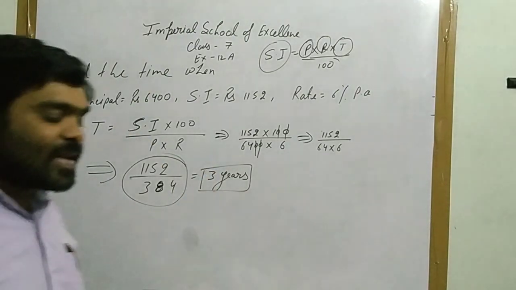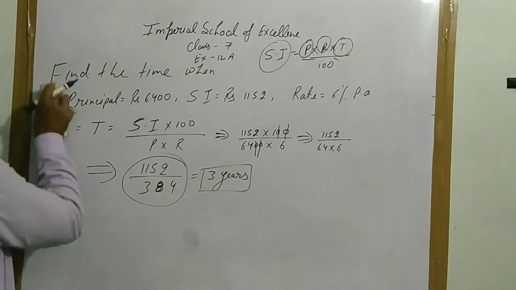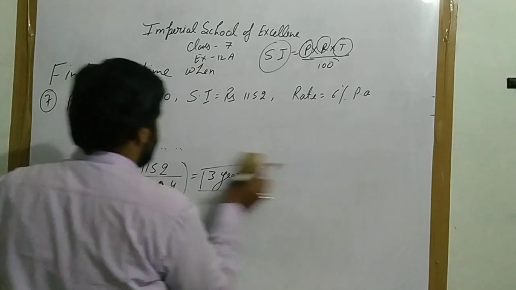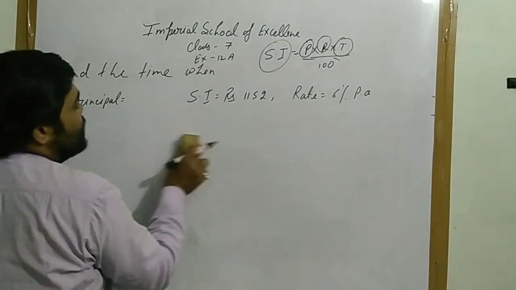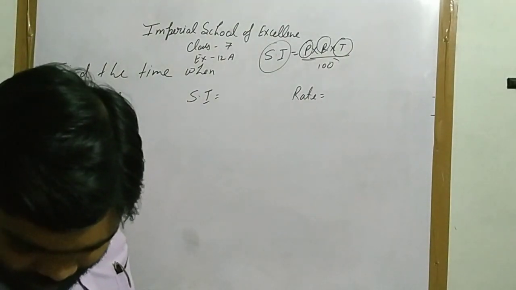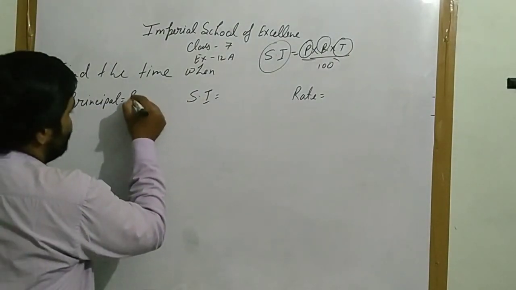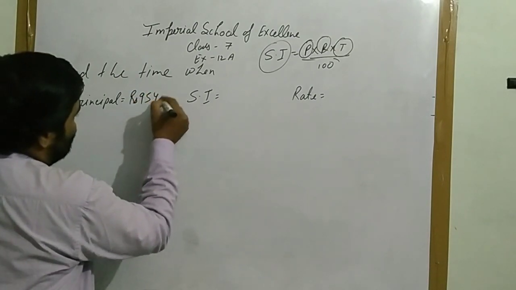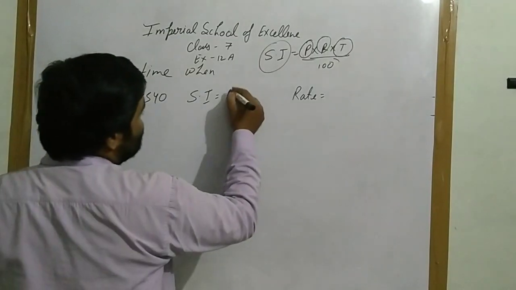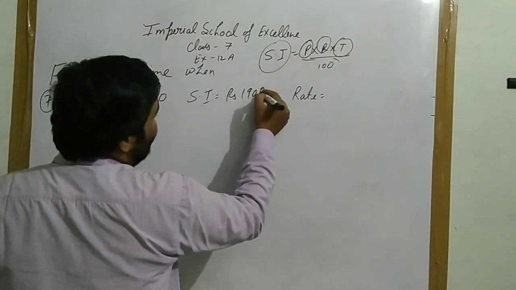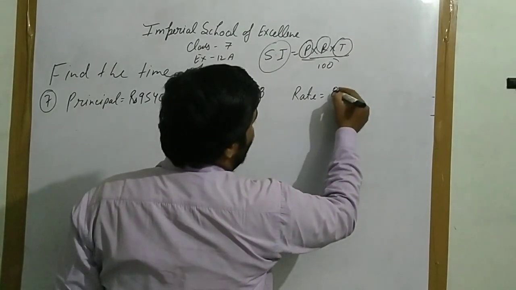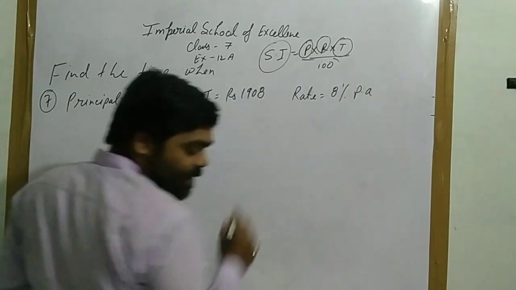Now the seventh question. Question number 7 is given to you that principal is rupees 9540, simple interest is rupees 1908, and rate is 8% per annum.